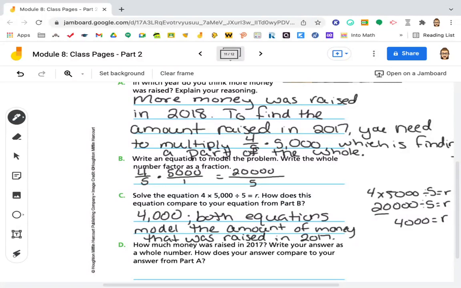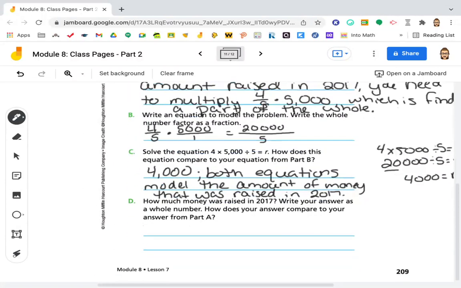How much money was raised in 2017? Write your answer as a whole number. Well, we get the 4,000. And how does our answer compare to your answer from part A?